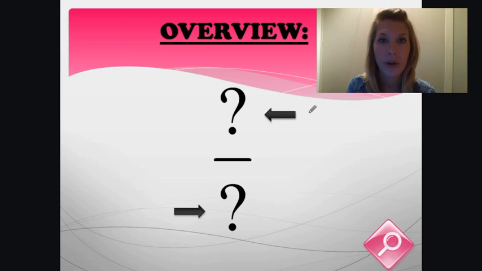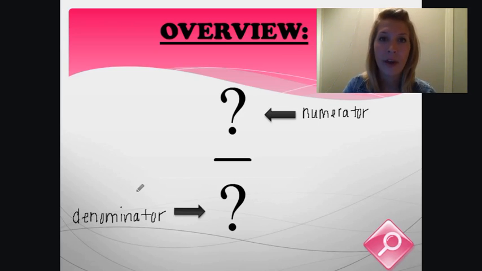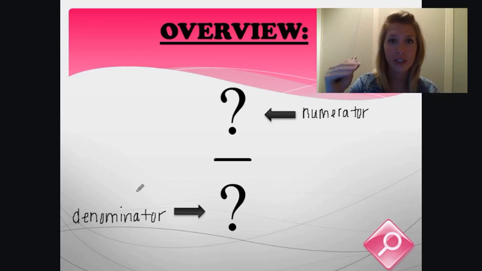We're going to use our mathematical terms and call it our numerator. And our bottom value is always going to be called our denominator. So please take a moment to make sure that you have that written down somewhere so that you can remember that when working with fractions, the top value is always called the numerator and the bottom value is always called the denominator.